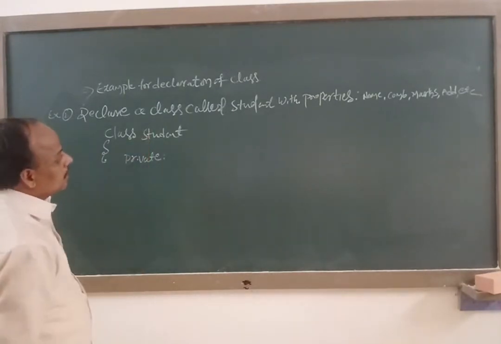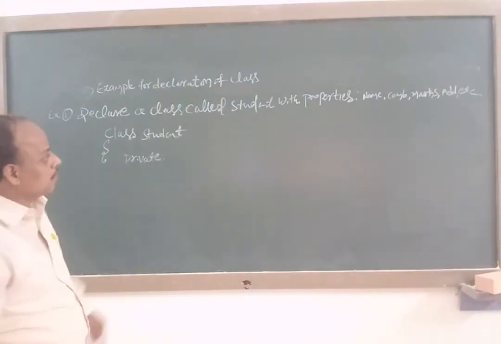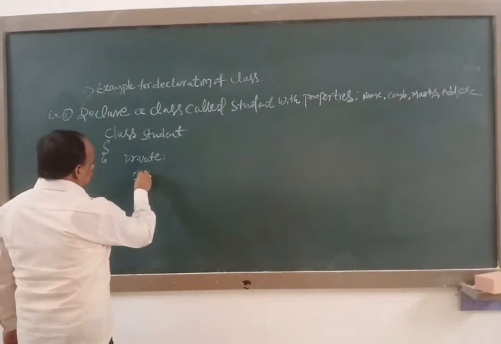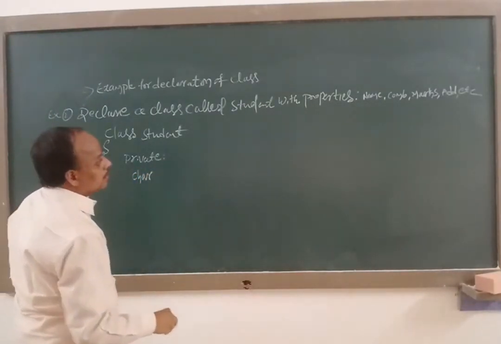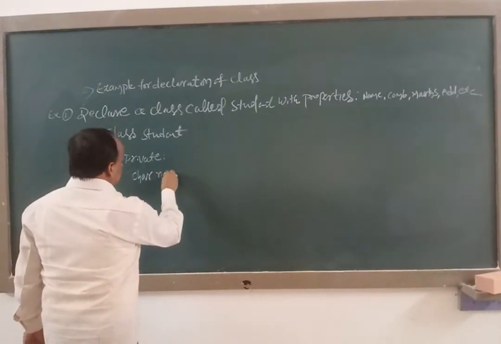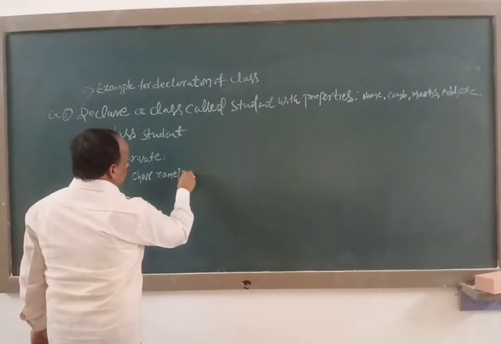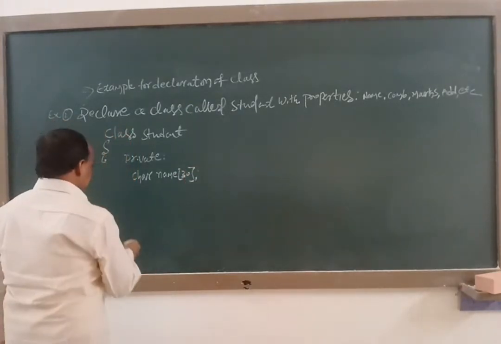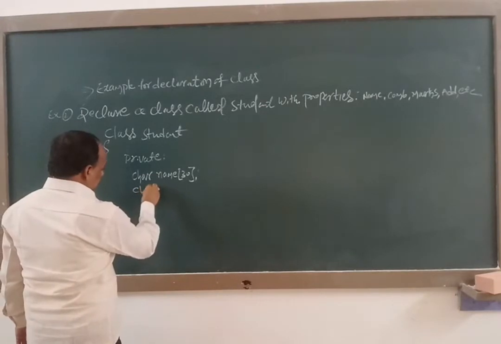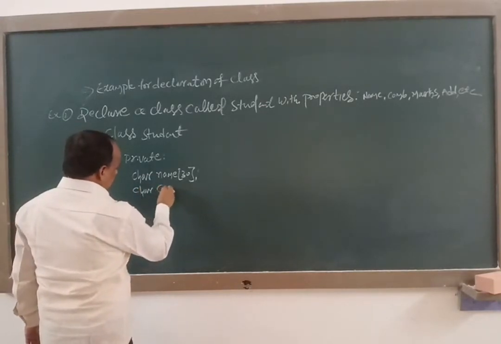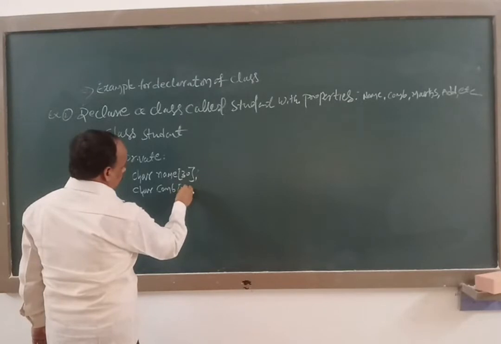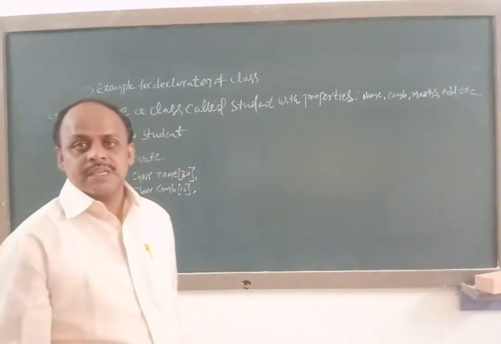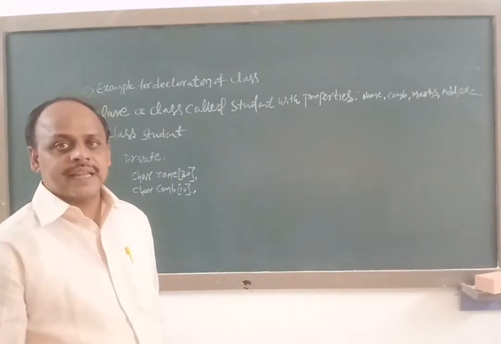Now consider the given properties, that is, the given data members. First one is name, right? For name we have to write char as data type, name, size 30. And combination, it is also character data type. Combinations means PCMB, PCMCS, PCME, electronics, like that.